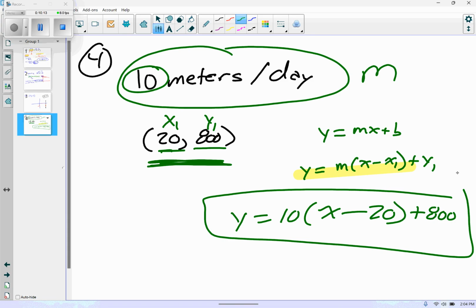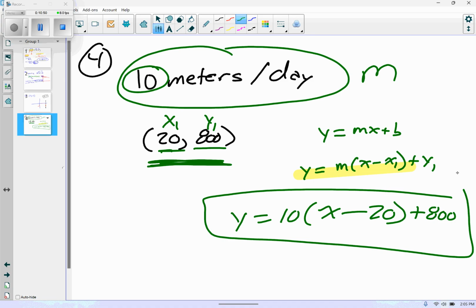If you don't know the y-intercept, like if they say, b is equal to this, or they say you have a point that is 0, some number, because the zero's in that number spot, that means that's automatically the y-intercept, meaning b. But in this case, I had two because it says on day 20 she walked 800 meters, so 20, 800. That's where I got that point from. Because this was a point and not a point where this x value is 0, I went to this one, because it's asking for an x1 and a y1. That's why I labeled x1. All right, cool.